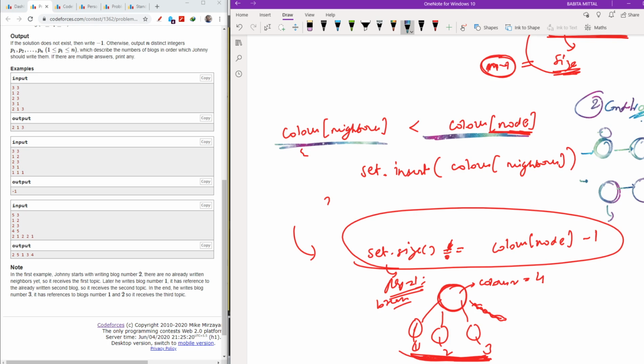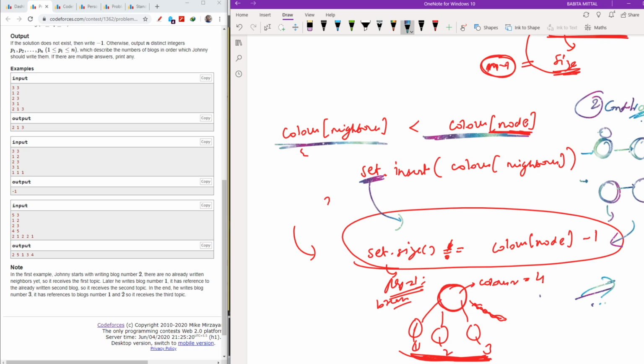Then I will check the number by the help of this set.size, although I am clearly saying that you can use an unordered map as well. Then if it is not equal, I will mark my flag as 1, and if my flag is 1, then I will break out of the loop.